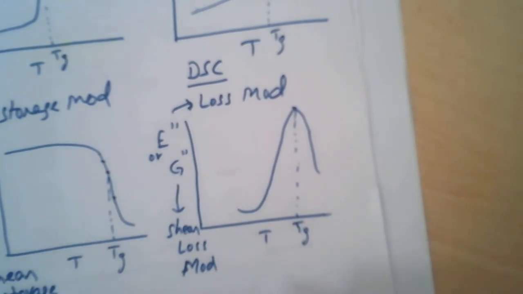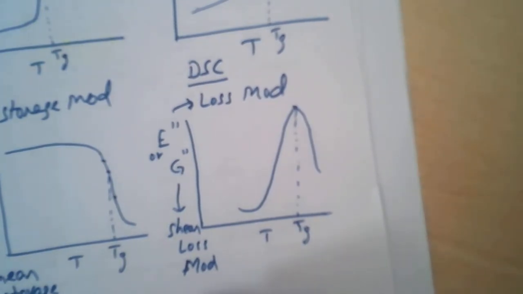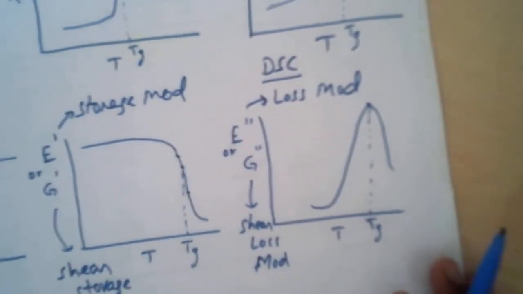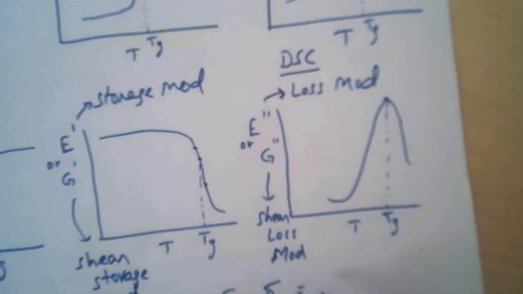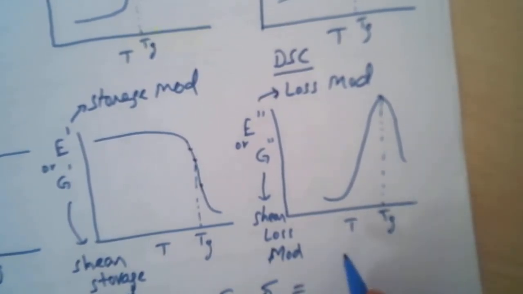And also we can find it in a better way by using these dynamic methods, that is known as tan delta. I think you would have studied it somewhere before, which is nothing but E double prime by E prime or G double prime by G prime.